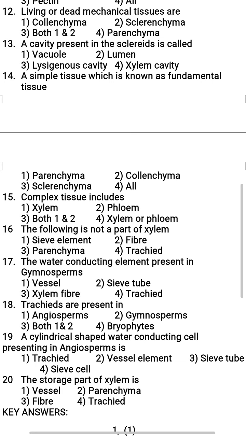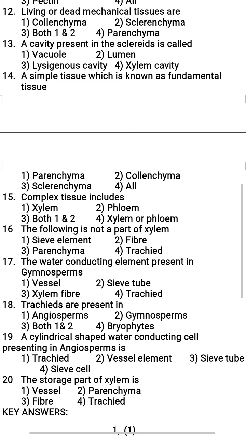So the correct answer is option 1 parenchyma tissue, which is known as fundamental tissue to all the organs of the plants, right? Then 15th question, complex tissue includes. Let's see options, students. This is also repeated from KCET 2019.